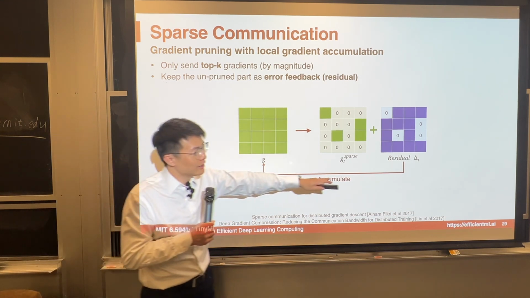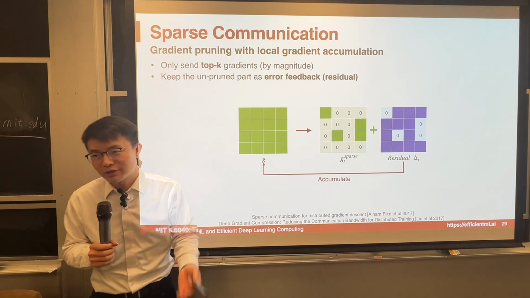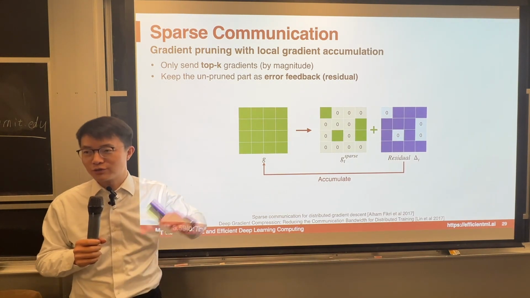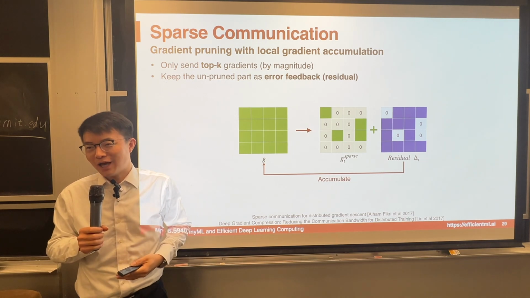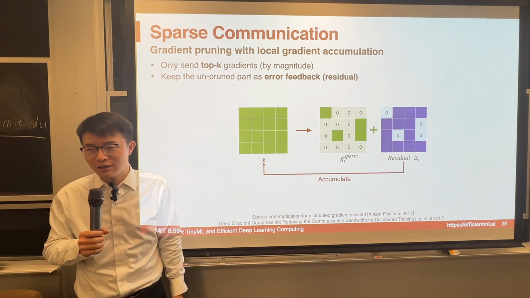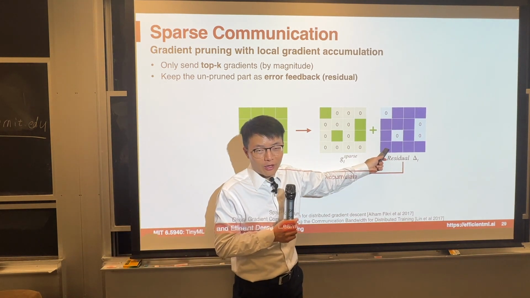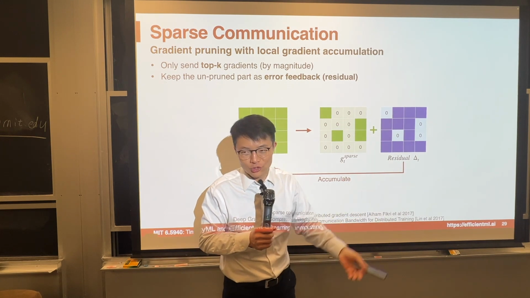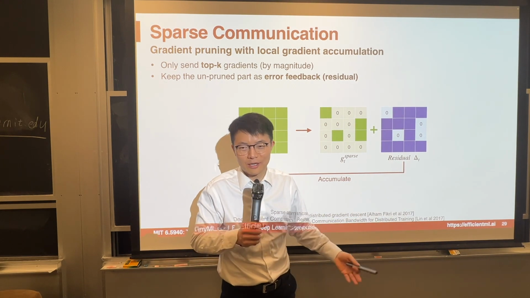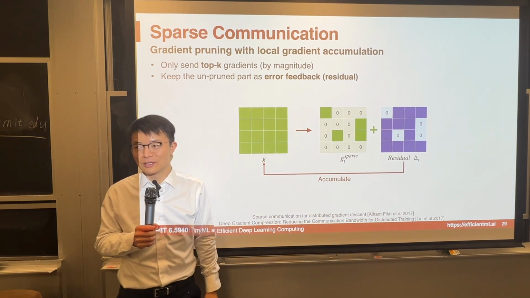We can actually accumulate it locally, right? I can have the copy. Our goal is just to reduce communication bandwidth, but it doesn't prevent me from accumulating updates locally. Say this gradient is pretty small, like 0.001, but after being accumulated 10 times or 100 times, it might exceed the threshold, right?